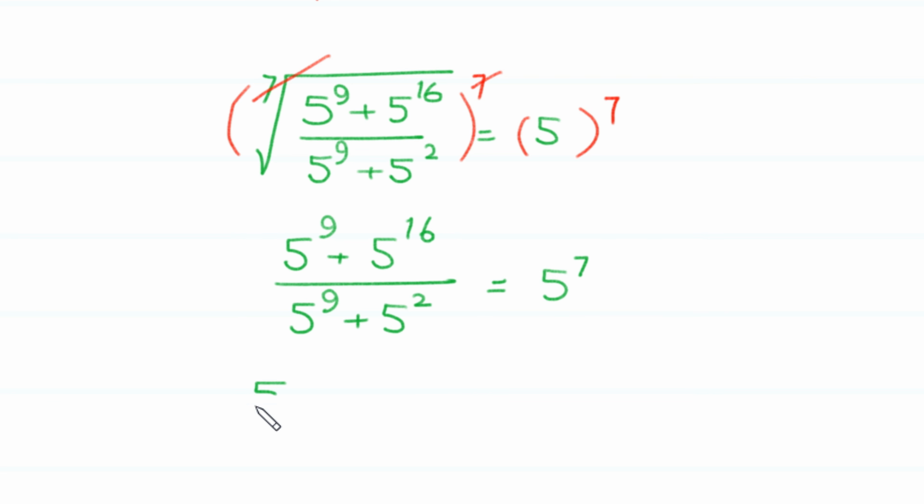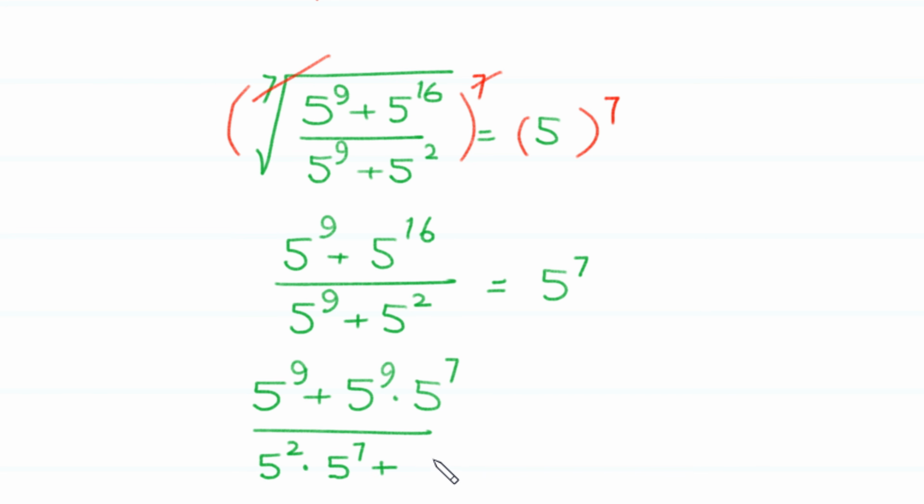Next, 5^9 plus, we can write this 5^16 as 5^9 times 5^7, divided by, we can write this 5^9 as 5 squared times 5^7, plus 5 squared, is equal to 5^7.